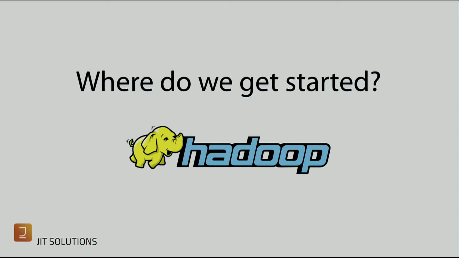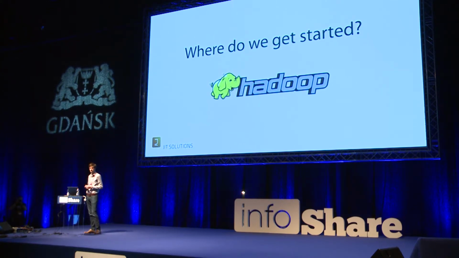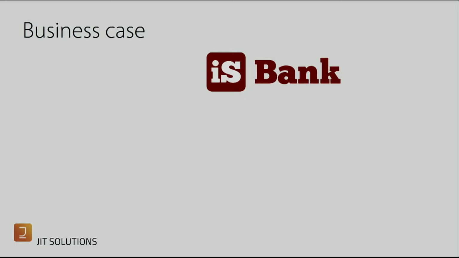So now that we've seen just a very narrow selection of Hadoop-related projects in the ecosystem, which can for sure be confusing enough, let's follow a certain business case of how Hadoop could be implemented in an organization like yours. For the sake of the example, let's assume that we're working for the Infoshare bank, which is a major international bank and has started to have issues with scaling its data processes.